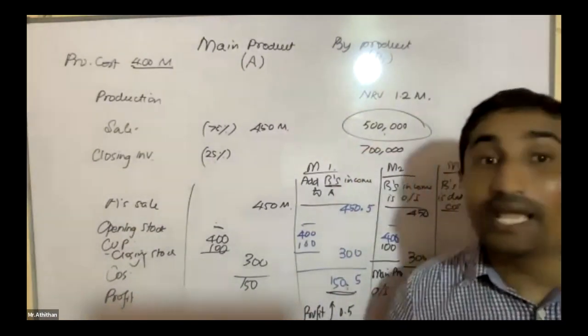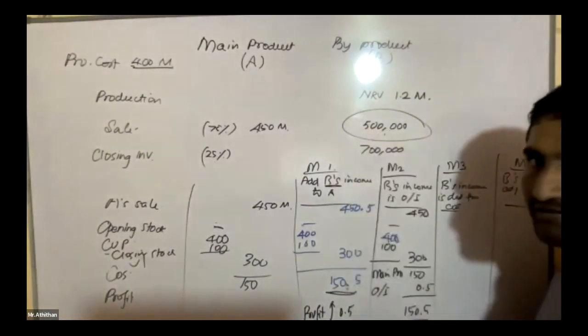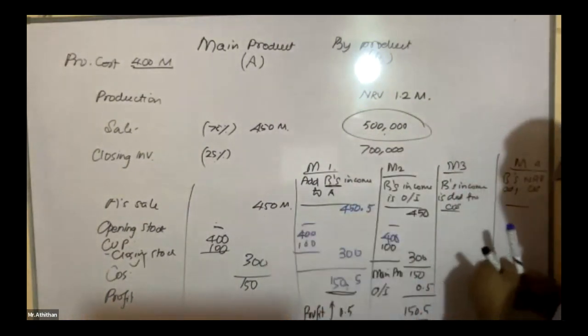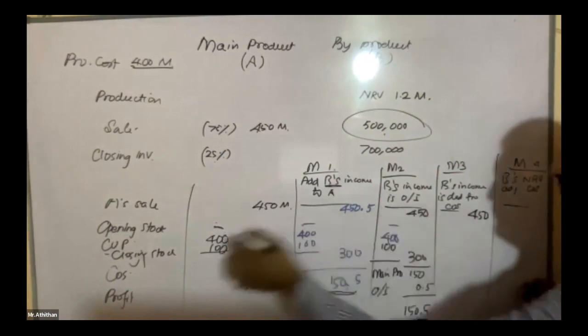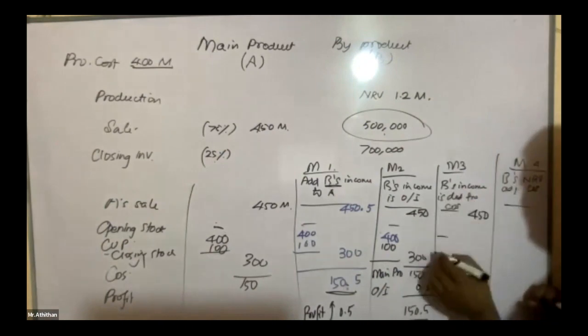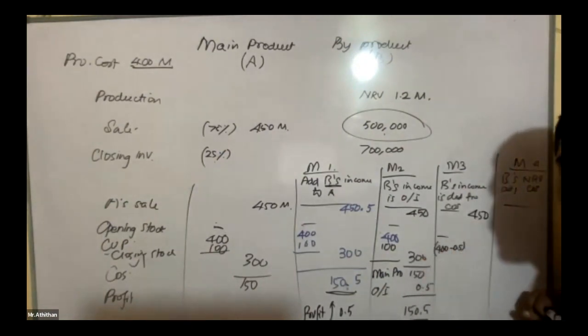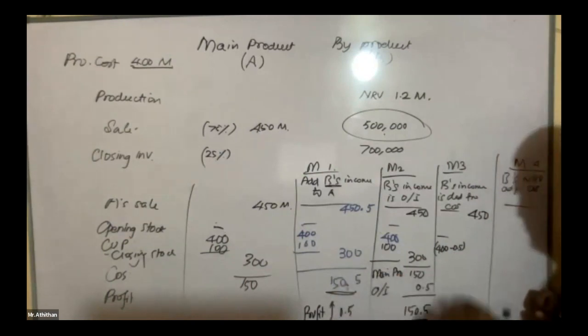Third method: B's income against cost of production. B's income is 0.5. So opening stock 450 — we adjust it with the cost of production, so 400 minus 0.5. Closing inventory: we adjust this valuation.